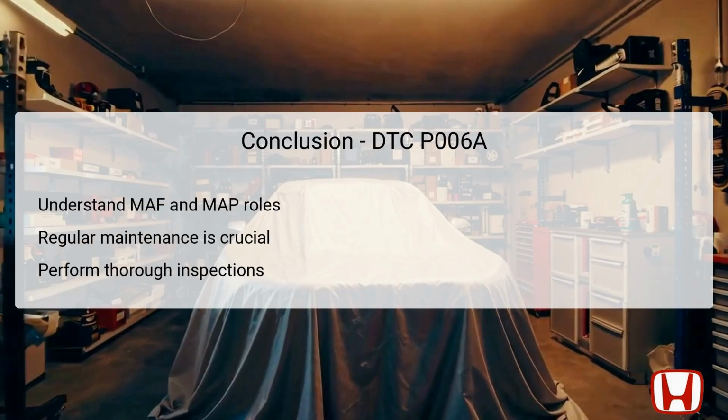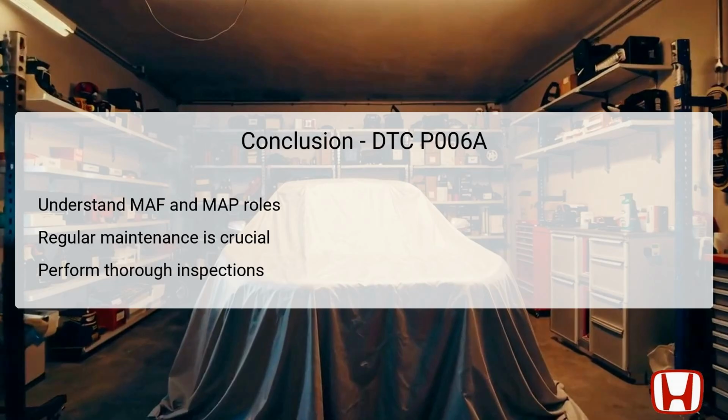In conclusion, understanding the roles of the MAF and MAP sensors is vital in diagnosing and resolving DTC P006A effectively. When these two sensors fail to provide consistent data, it can lead to performance issues and inefficient engine operation. Through systematic troubleshooting steps, including detailed inspections and functional checks, technicians can accurately diagnose the underlying problems and implement the necessary repairs.